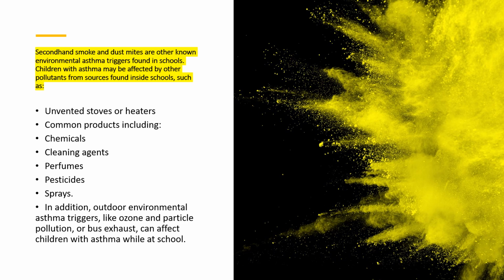Here where I live, near Allentown, Pennsylvania, there are days called ozone alert days, and they recommend children in general not go out and exercise or limit their time outside, and those that have asthma should not go out at all. So being aware of the weather outside and the forecast is very important to prevent these asthma attacks at schools.